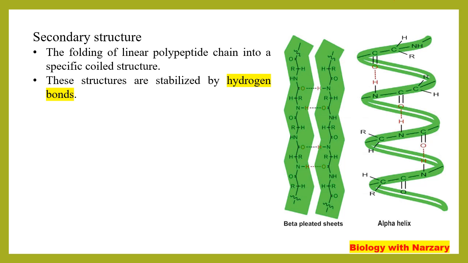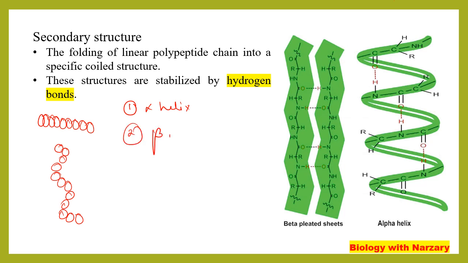Now we know that a linear sequence of amino acids gives the primary structure of protein. Now this linear polypeptide chain, when folded or taking something like a coil structure, gives the secondary structure of protein. And the most common secondary structures of protein known are alpha helix and beta pleated sheets.